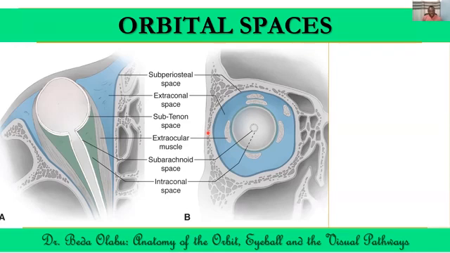So there are a number of potential spaces within the orbit, and they have different names. I told you that the periorbita is not adherent to the bones, and so there's space there. Remember, periorbita is periosteum. So the space between the bone and the periorbita is called the subperiosteal space.